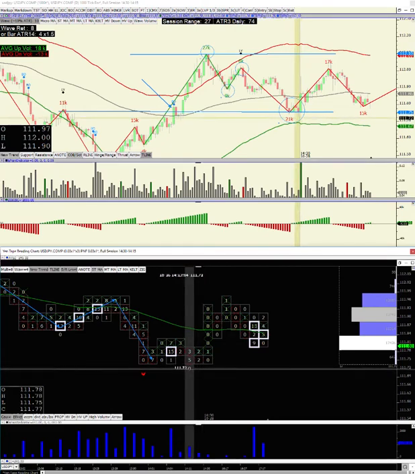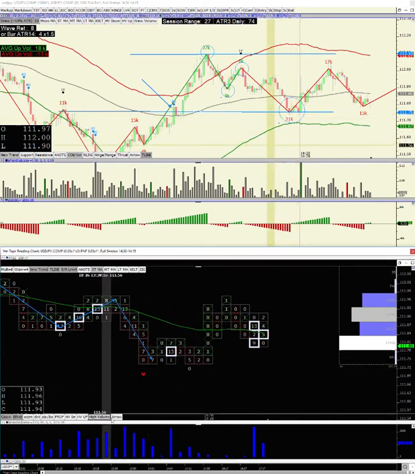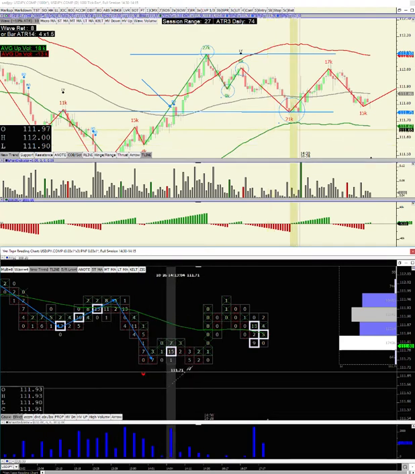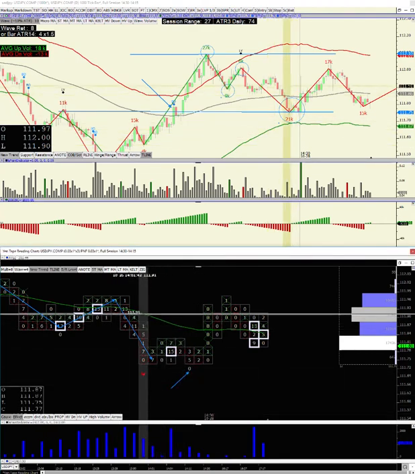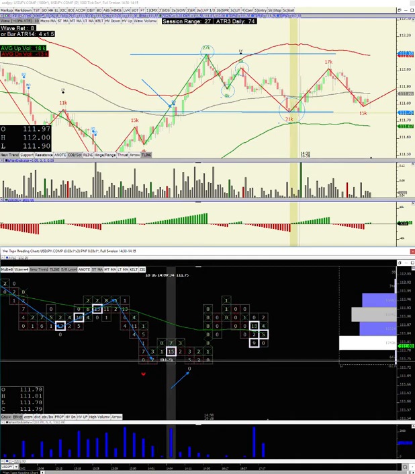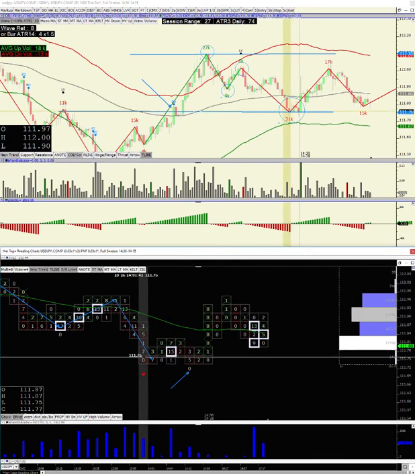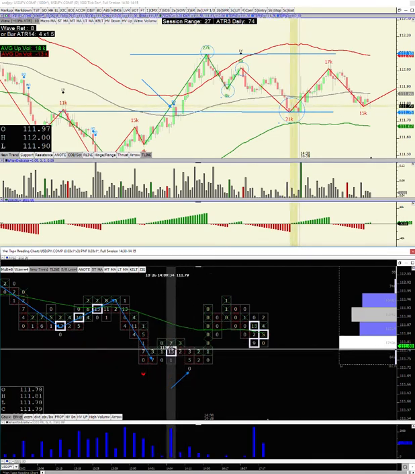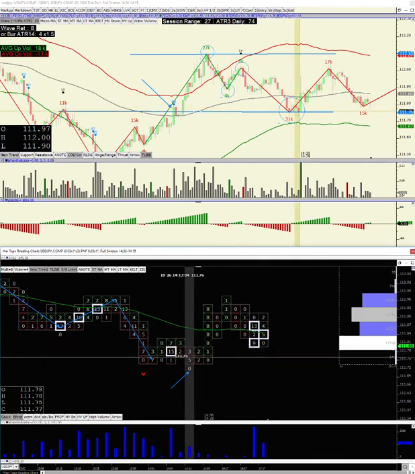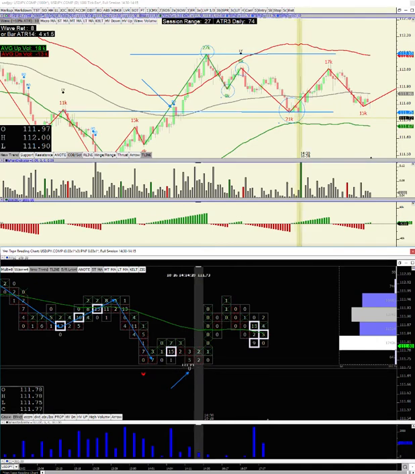Right here, that little zero, let's put an arrow there. And also in that area, someone picked up 1500. That's that 15 right there, 1500 units or whatever. So you have a base, you have volume coming in right here, you have a test that has nothing.